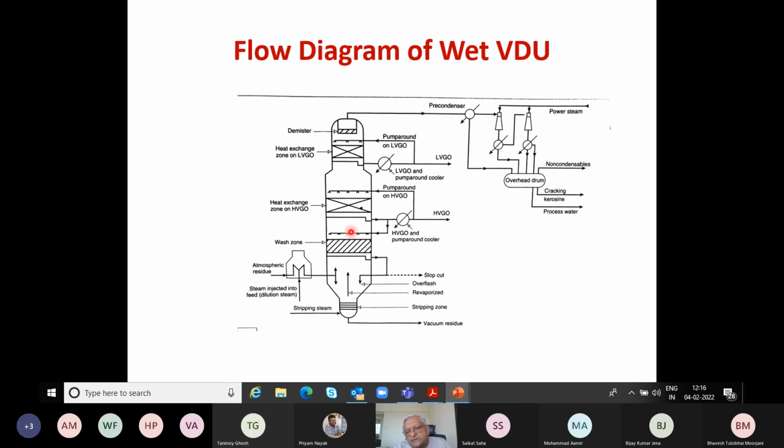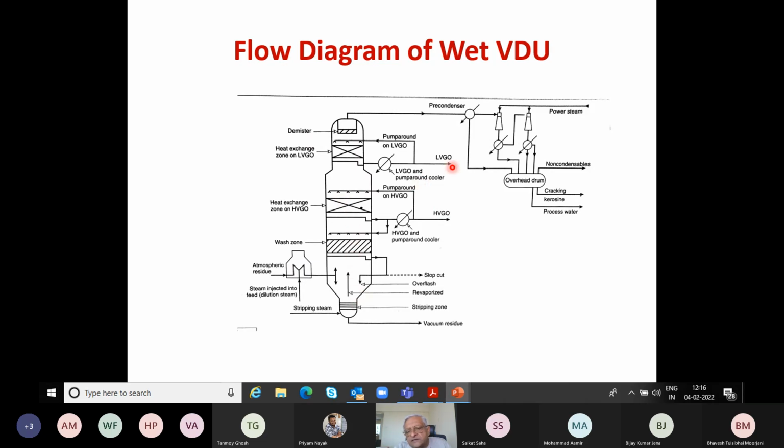The overhead configuration at the top is the same. You have vapors coming in, the washing going on here, and the same three streams going out, and the LVGO, exactly the same configuration.